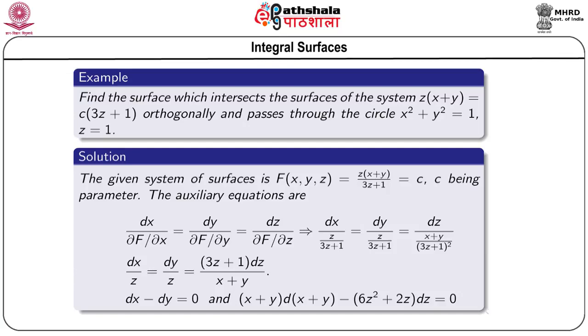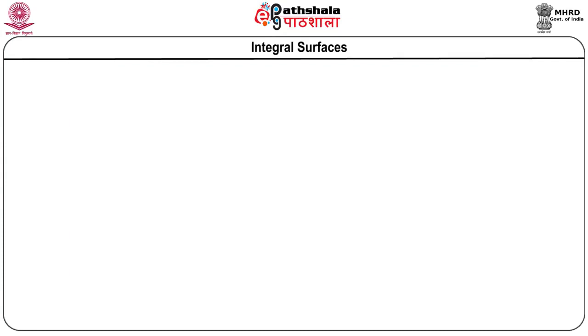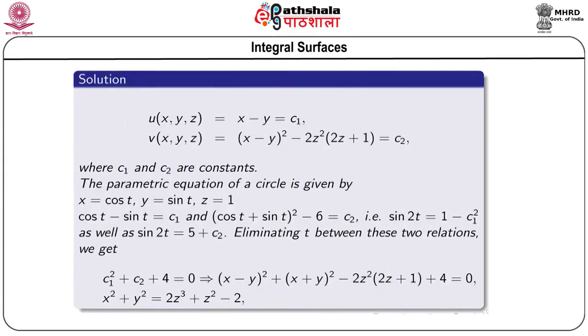That can be obtained from the equation x plus y into dx plus y minus 6z square plus 2z into dz equals 0. Therefore, one integral is u, which is x minus y equals c1, and the other integral is v, which equals x minus y whole square minus 2z square into 2z plus 1 equals c2. Here c1, c2 are arbitrary constants.